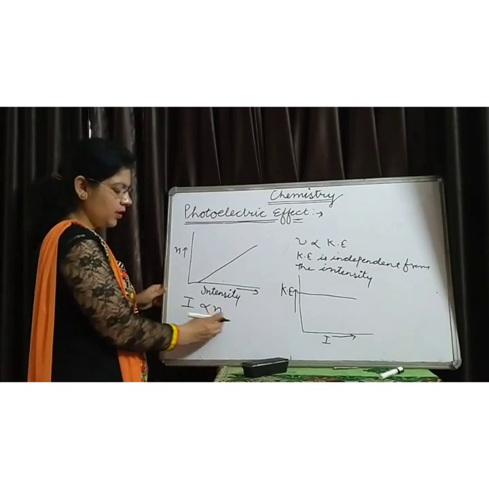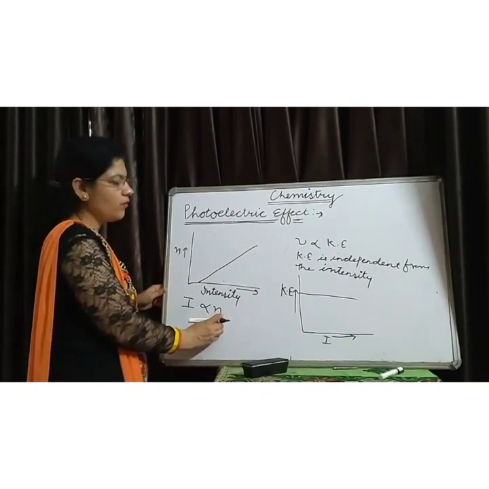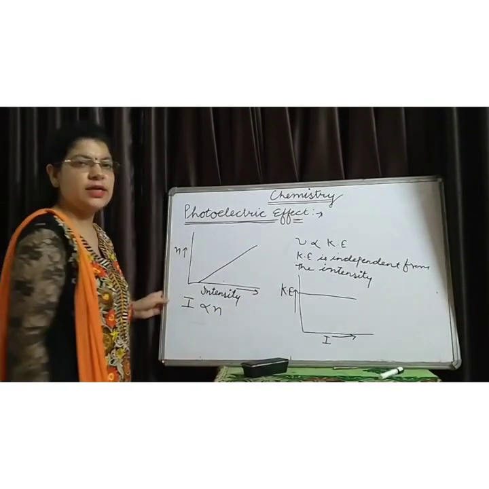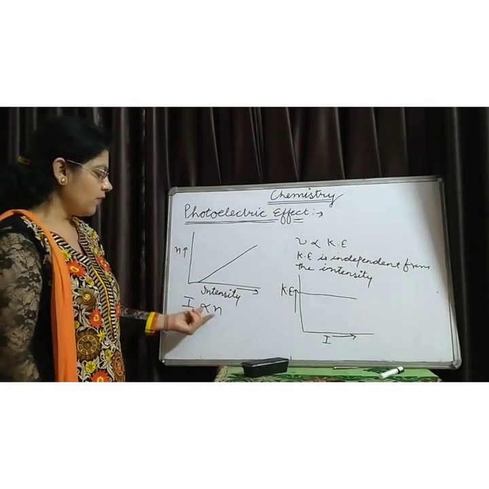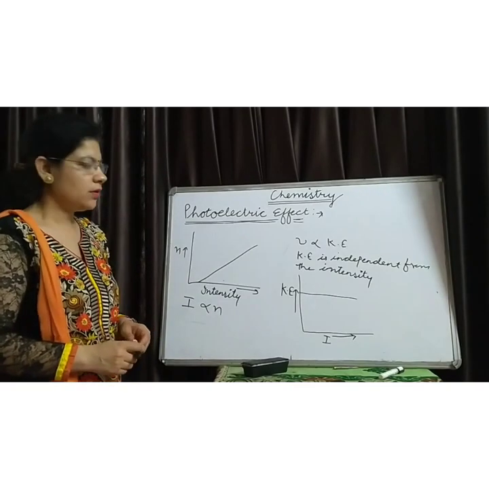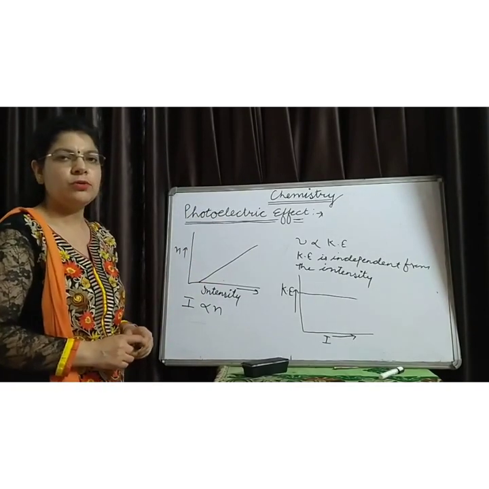Higher the intensity, higher is the number of photoelectrons that are ejected from the surface of the metal. This is all about the photoelectric effect.